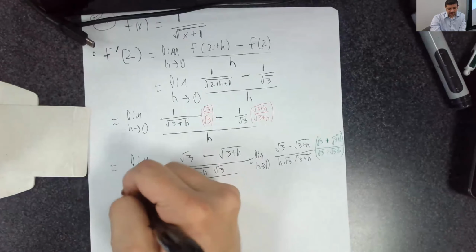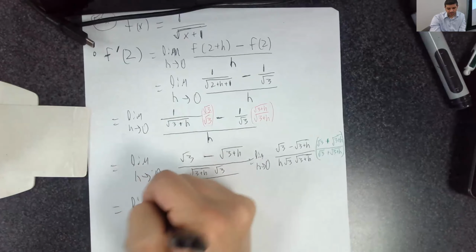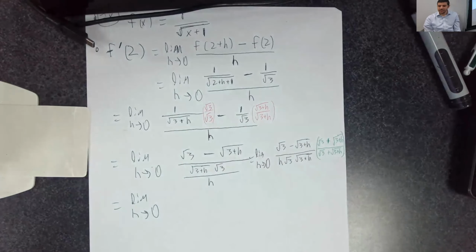So then the limit as h goes to 0. Should I give you guys a minute to see if you can work that one out? If you could FOIL that one.